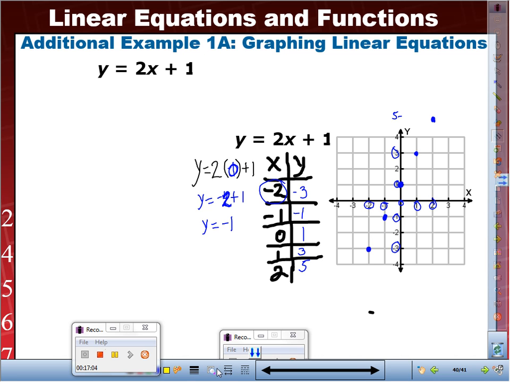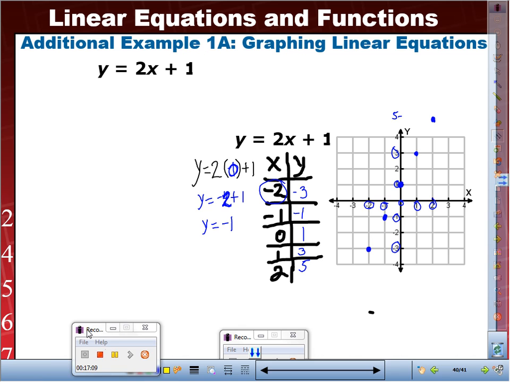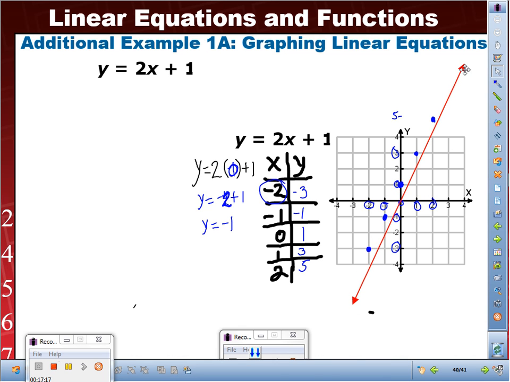I'm going to use red for this one. Nice and straight like mine, going through all the points. You guys see that? Pretty good, huh? All right, so first part is right.